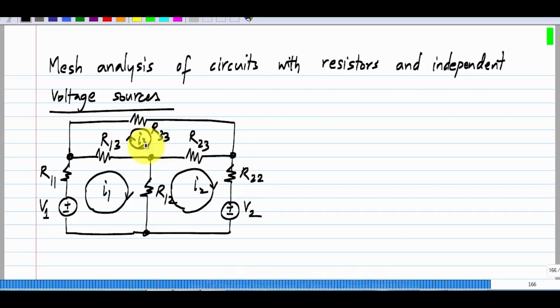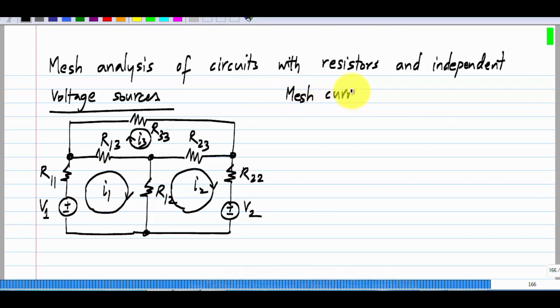Now what does it really mean? I'll take each mesh, and in that mesh I'll identify a current. The branch currents are related to these mesh currents. If a branch belongs to only a single mesh, such as this R11 and V1, which belong only to mesh number 1, then the current through these is equal to the mesh current.